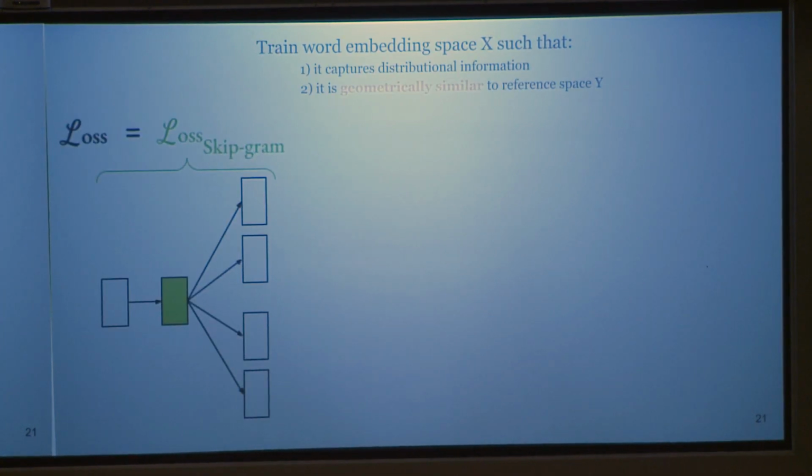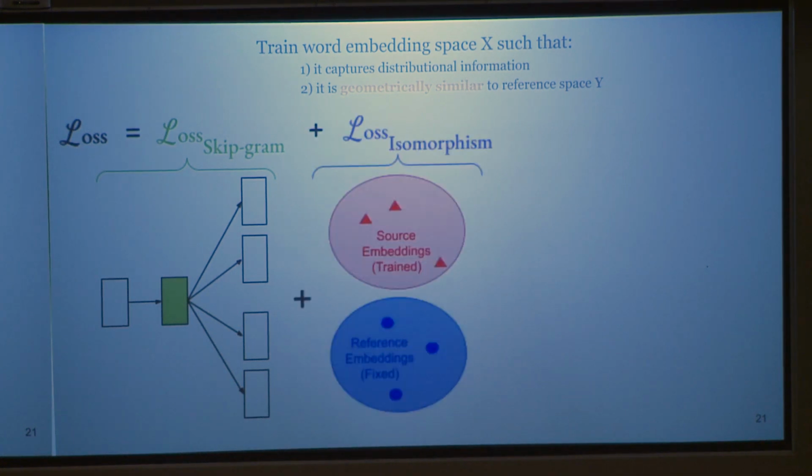So concretely, we start with your standard skip-gram loss, which you'll be familiar with from Word2Vec. We will then add in an isomorphism loss, which is calculated in reference to a fixed embedding space that was trained previously. These fixed embedding spaces ideally would be high resource and expected to have a nice geometry.